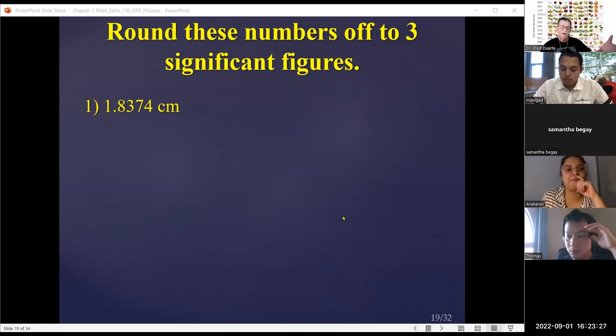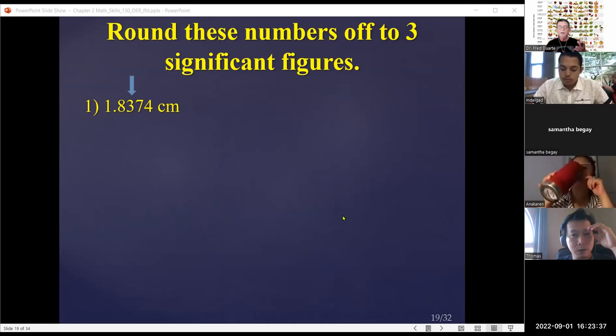Starting from the left and working your way to the right, the 1, the 8, and the 3 give you 3 significant figures. That means the 7 and the 4 are going to be dropped here, because they're after the decimal point.